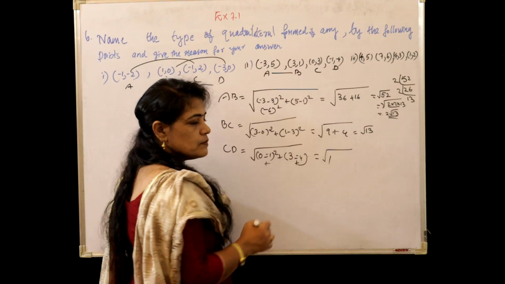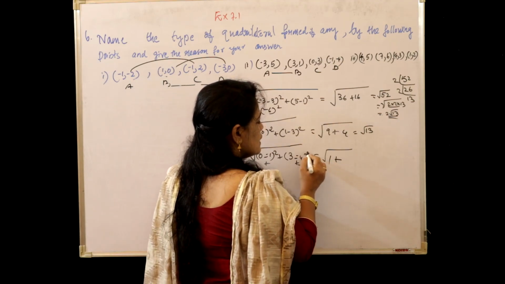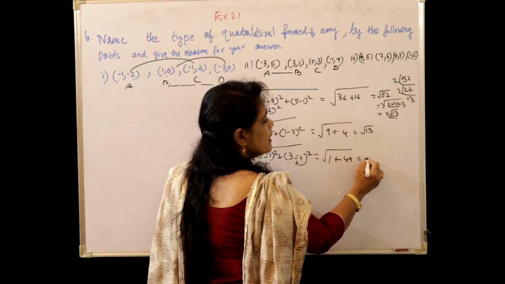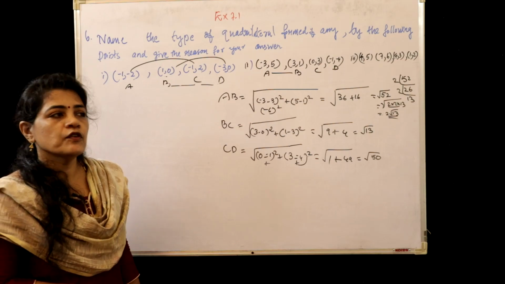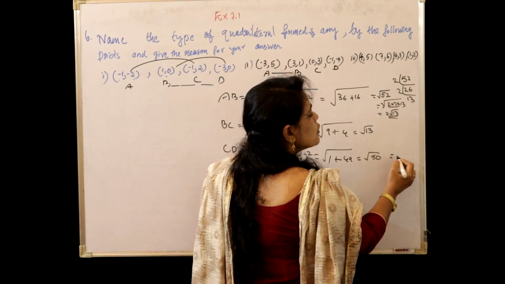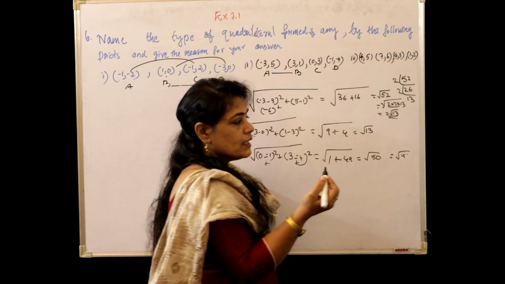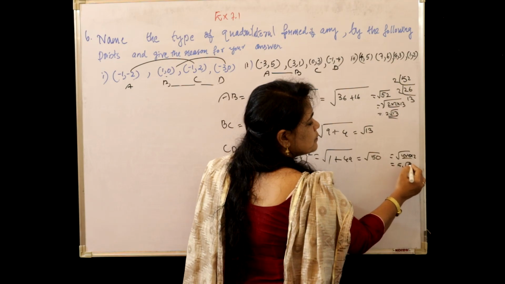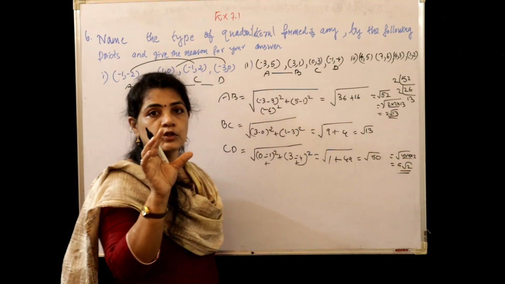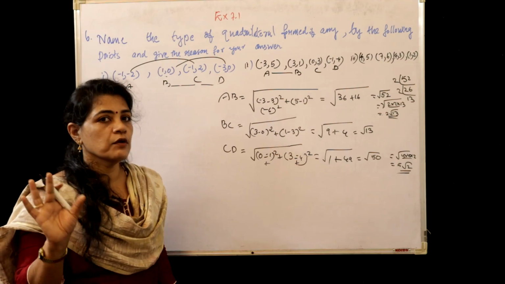Here minus of minus is plus, so 3 plus 4 is 7, 7 square is 49, so it will be 49 plus 1 is 50. So root 50, you know this is root of 25 into 2. That is 25 is 5 into 5 into 2, so from the pair you can take one 5 outside, and 2 is still under the square root, so 5 root 2.